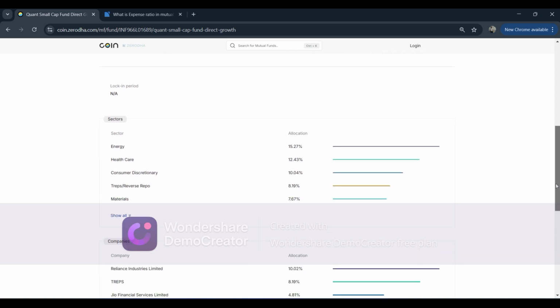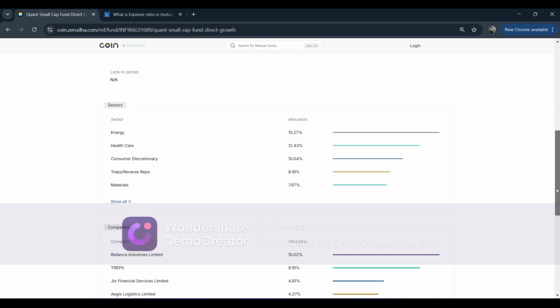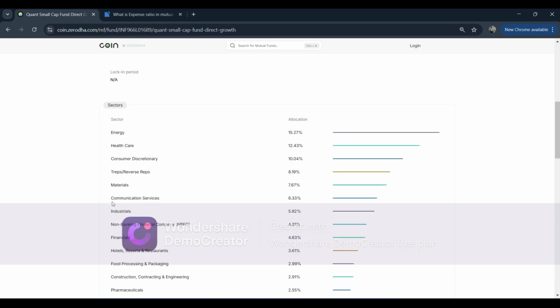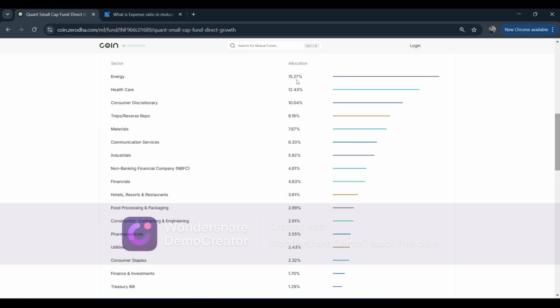So here are the sectors in which your money is divided based on the investment in the shares. If I click on show all, of 100 rupees invested from your side, 15 rupees will be invested in the energy sector, 12% in healthcare, consumers around 10%.